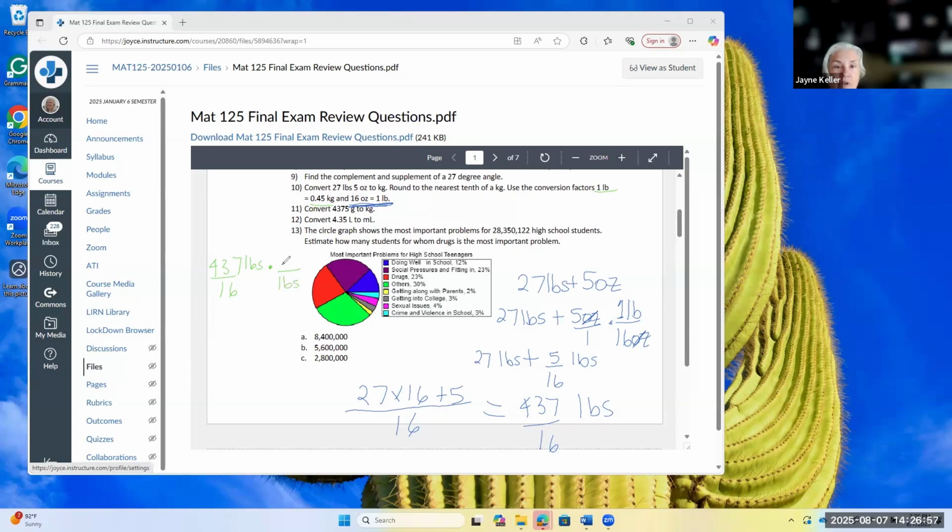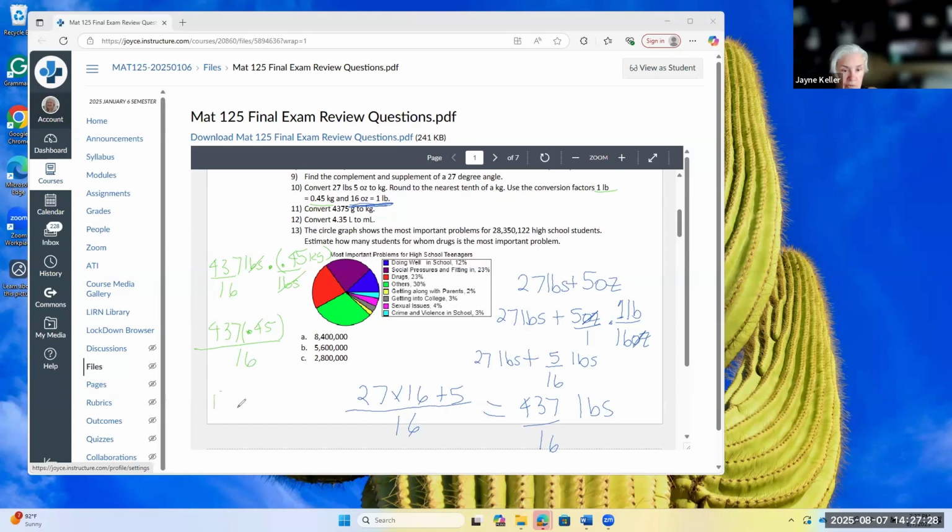And then in the numerator, I have 0.45 kilograms. So now I can cancel out pounds, and I have 437 times 0.45 divided by 16.